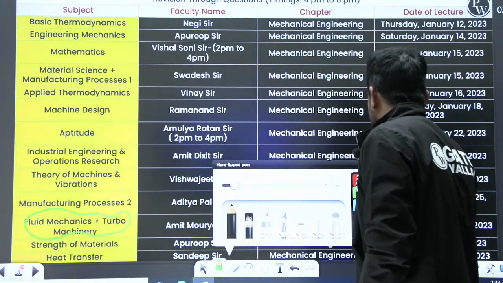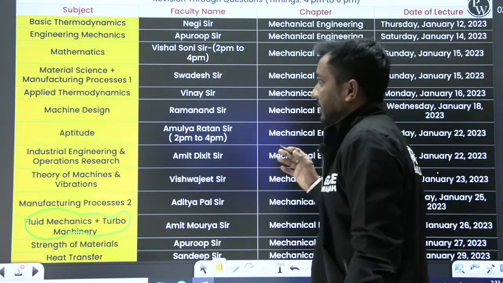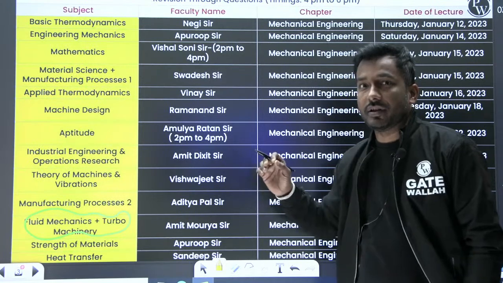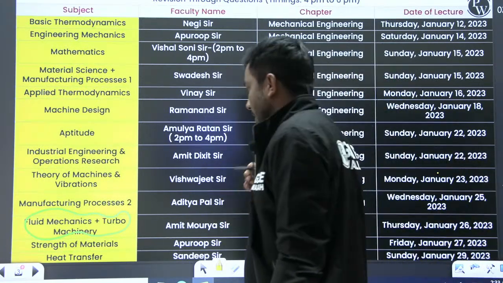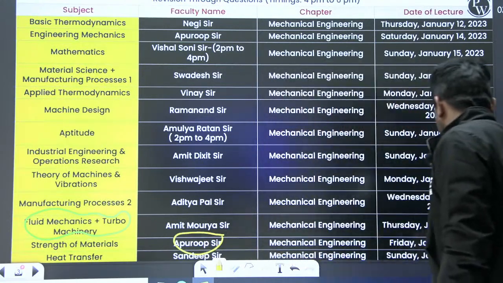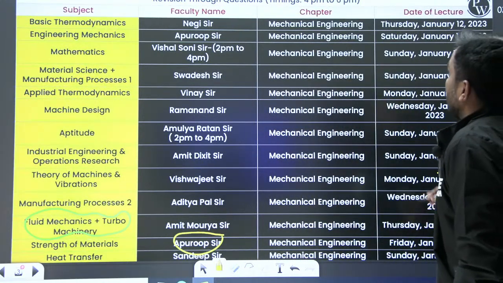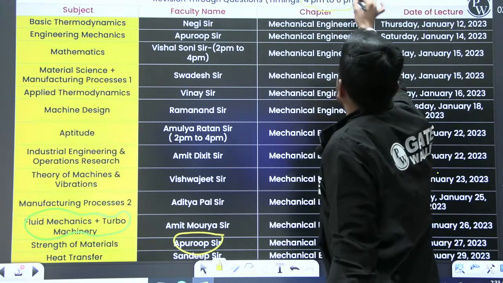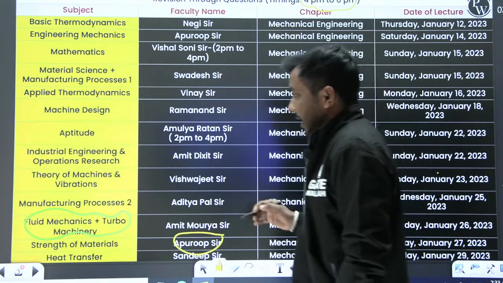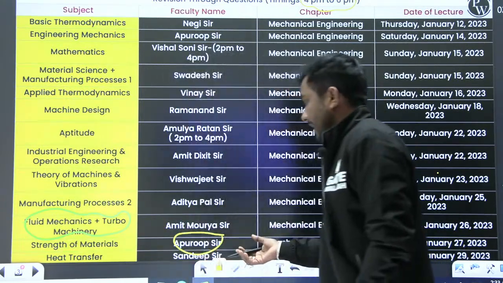If you missed the previous sessions, you can go to the playlist and cover them all. Tomorrow is strength of materials, same time, 4 p.m., and the last one is heat transfer by Sandeep sir.